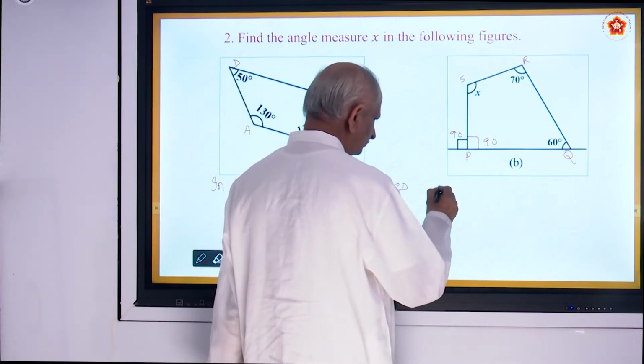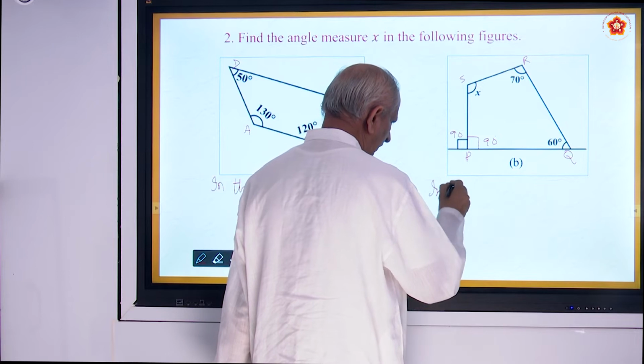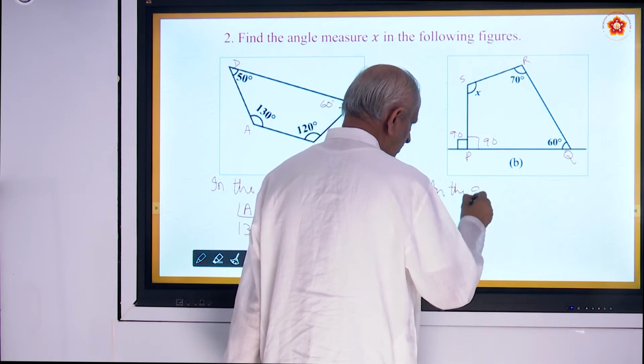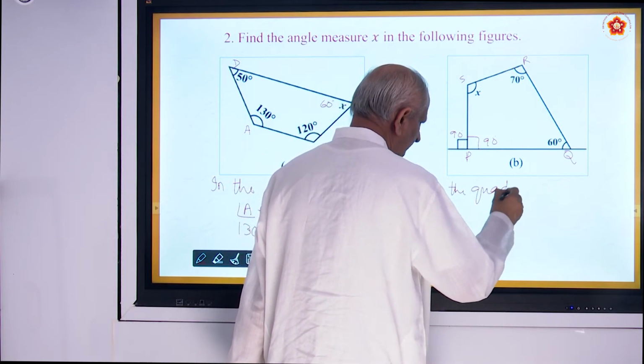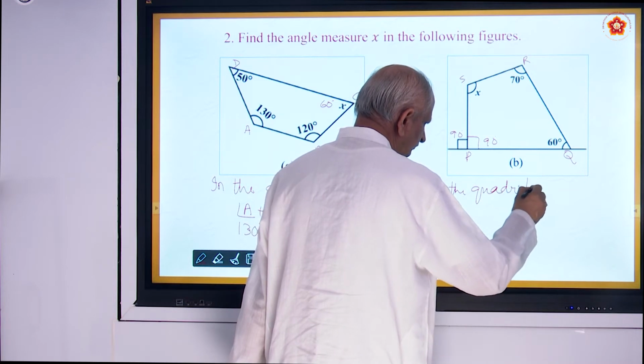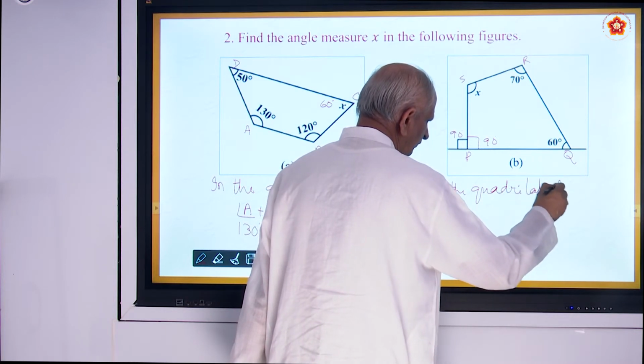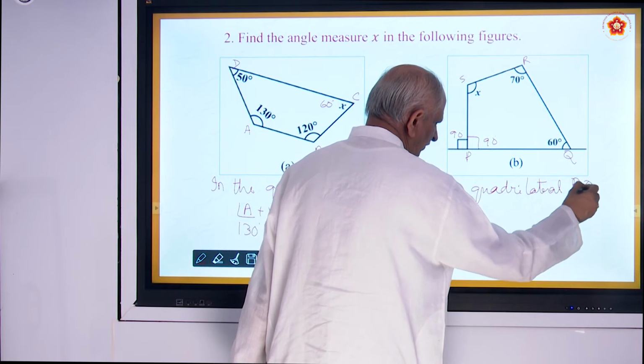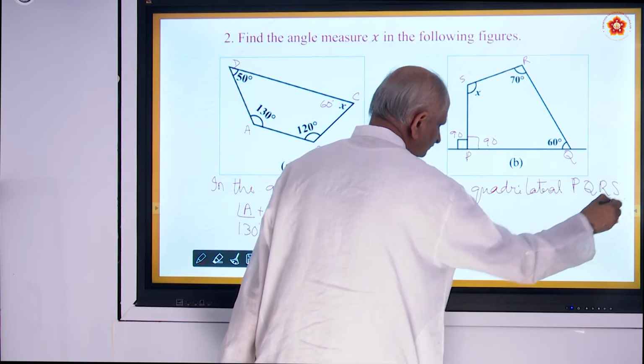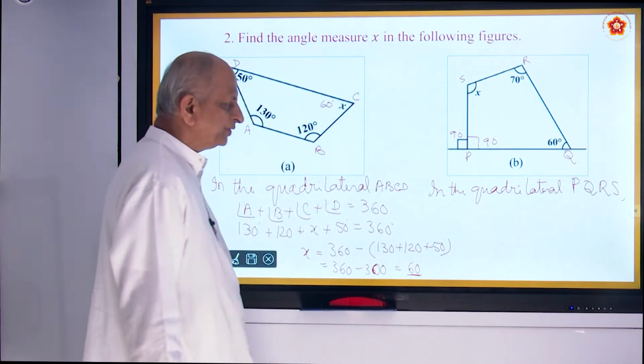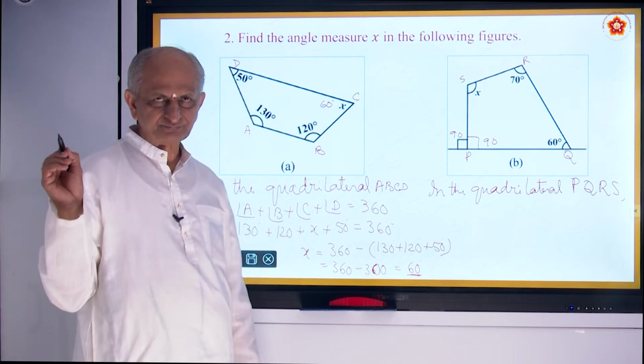Write down. Same way in the quadrilateral PQRS, you can give any name you want. If this is a 1 mark question, writing only the answer is enough.